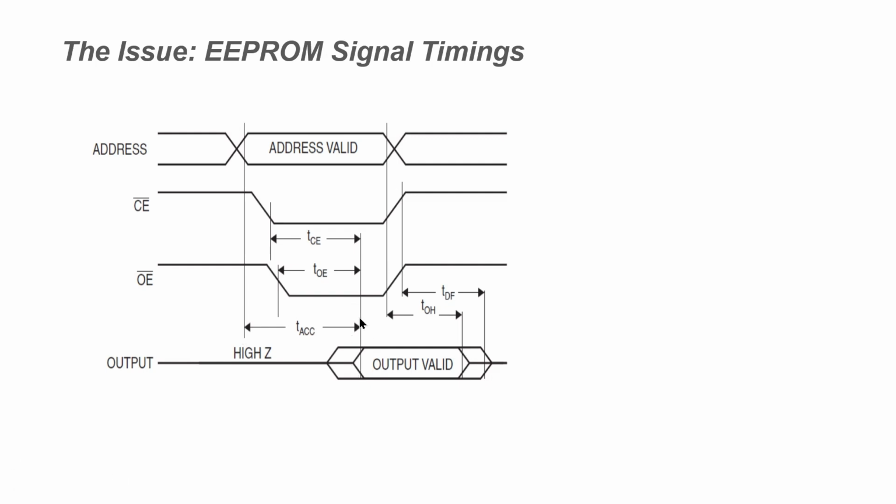Besides this time delay being a problem, that's one phase of the problem. The second phase is that we cannot count on the level of these signals being high or low. It can be noise, it can be gibberish.